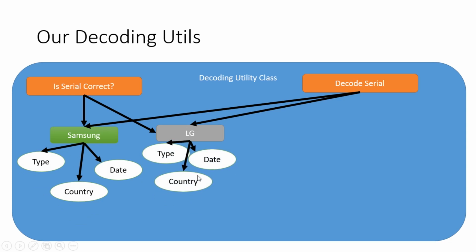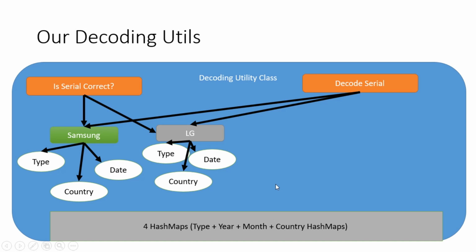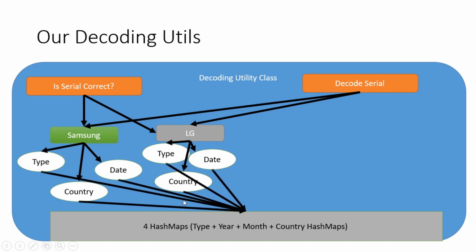Those are based on the hash maps that we have in our decoding utility class. There are actually four, since we have type, year and month on their own, and country, and each hash map is connected to whatever it's needed. So now we have something like 6 connections to these hash maps.